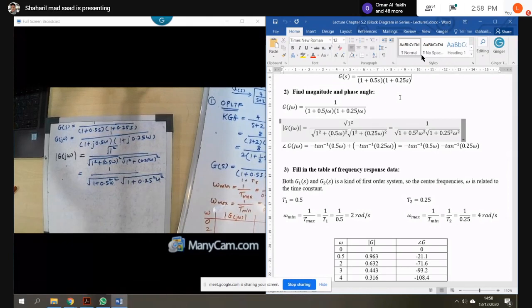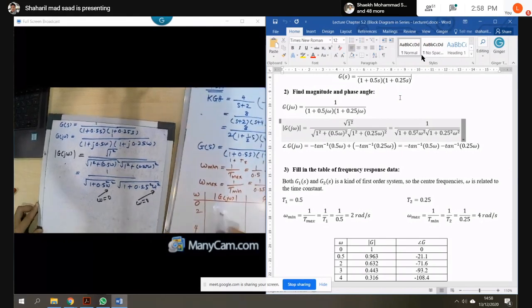So then you need to use your calculator. You apply omega equal to 0 here, and then you can find this value.